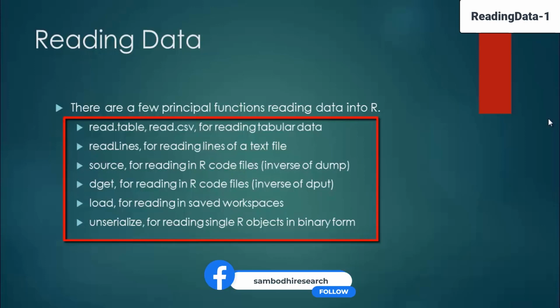Next is readLines, which will be used for extracting lines from a text file, which may be any character set or a number set, or it can be anything else. And source, for reading in R code files. And dget, for reading in R code files. This is the inverse of dput. I'll tell you later what that is. And load, for reading in saved workspaces, and unserialize, for reading single R objects in binary form.